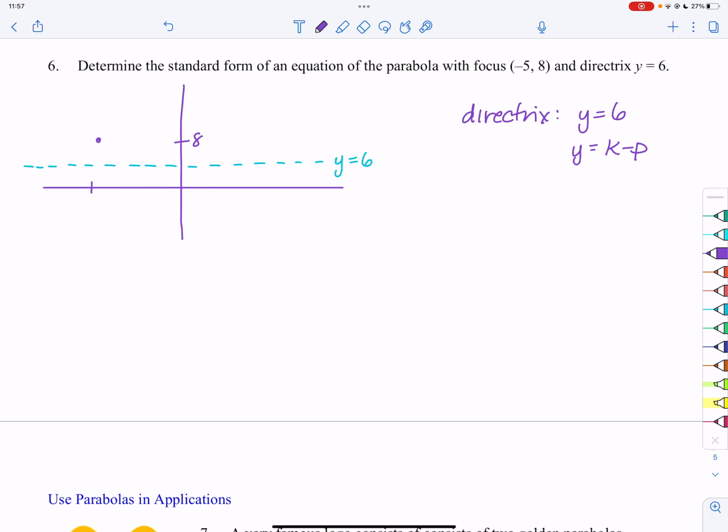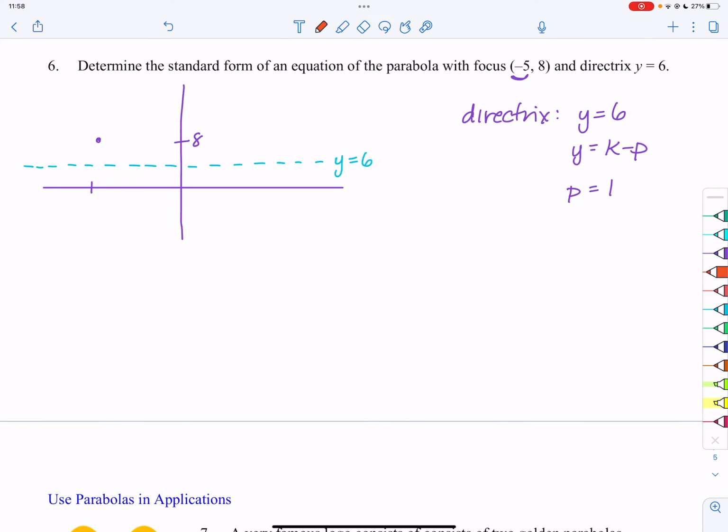So now we know that p must be equal to 1, since we have k equal to 7.